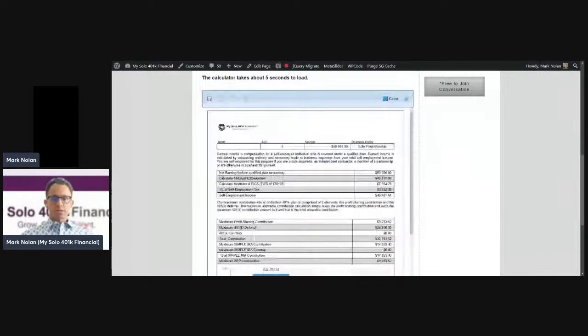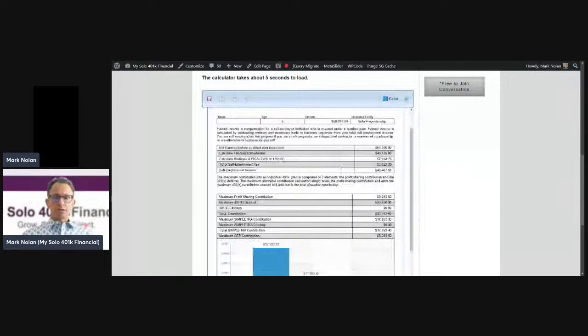So here it is, $50,000 is what was plugged in. It subtracts 1/2 of self-employment income tax. The calculator does that work for you. So you subtract that $3,532.39 of 1/2 of self-employment income tax from $50,000, resulting in $46,467.61 of self-employment income.